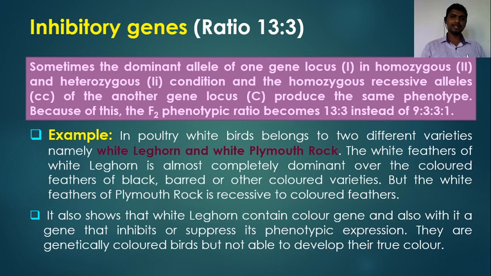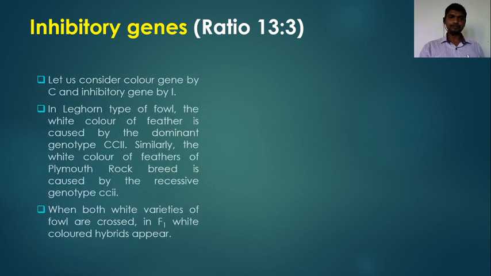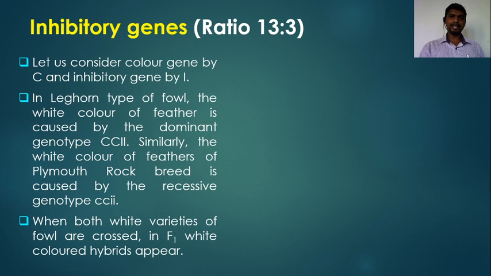In this example we are going to make a cross between white leghorn birds and white Plymouth Rock birds. Let us consider the color gene by the letter C and the inhibitory gene by the letter I. In leghorn type of fowl, the white color of feather is caused by the dominant genotype capital C capital C capital I capital I. Similarly, the white color of feathers of Plymouth Rock breed is caused by the recessive genotype small c small c small i small i.